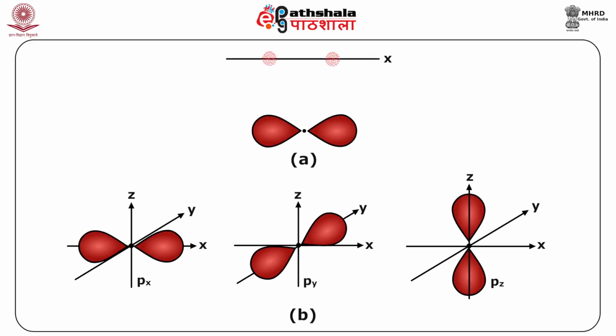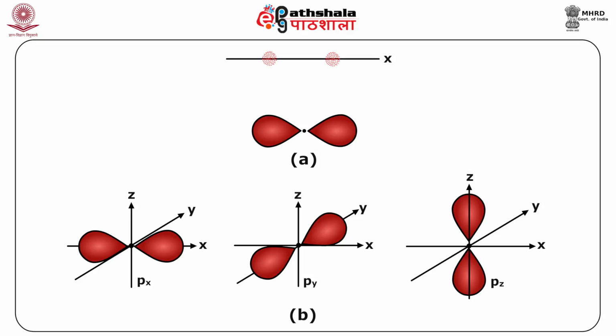For a p orbital, the value of the azimuthal quantum number is 1, representing the general form of a dumbbell or a peanut shape. A total of 3 p orbitals are there per principal quantum number n, which can be represented as px, py, and pz, based on their lobe orientation along the three axes.